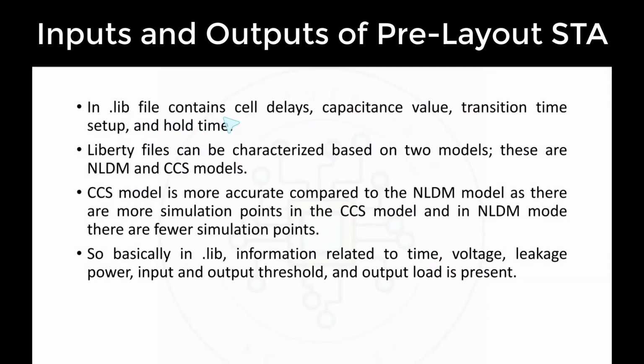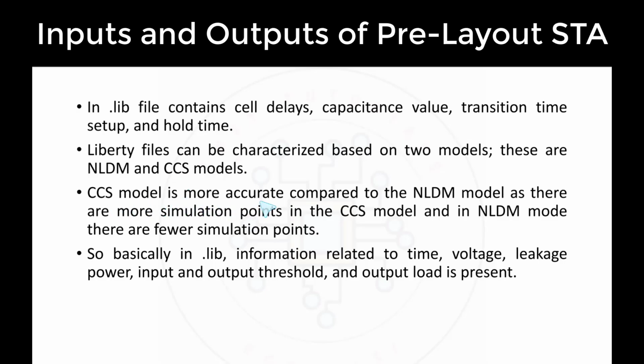The .lib file contains cell delay, capacitance value, transition time, setup and hold time. All this information will be present in the .lib. Liberty files can be characterized based on two models, that is NLDM and CCS. Here NLDM stands for non-linear delay model and CCS stands for composite current source.